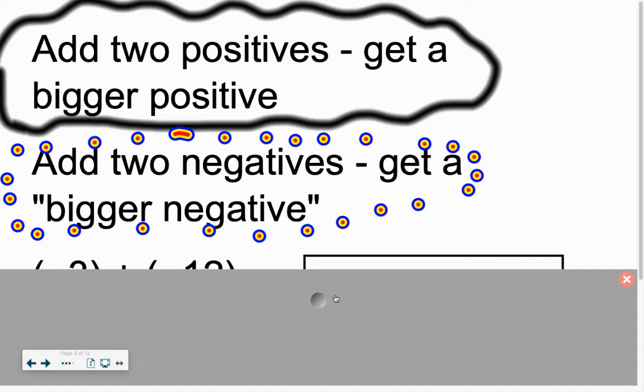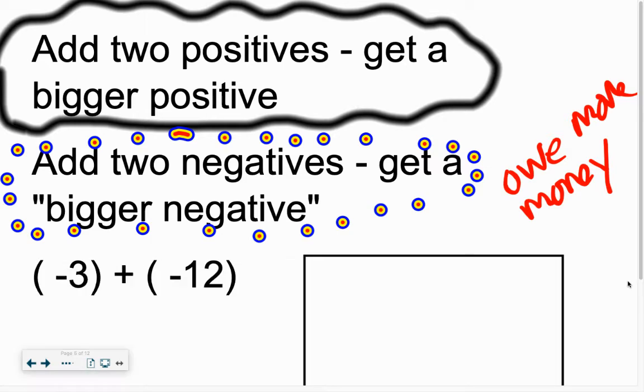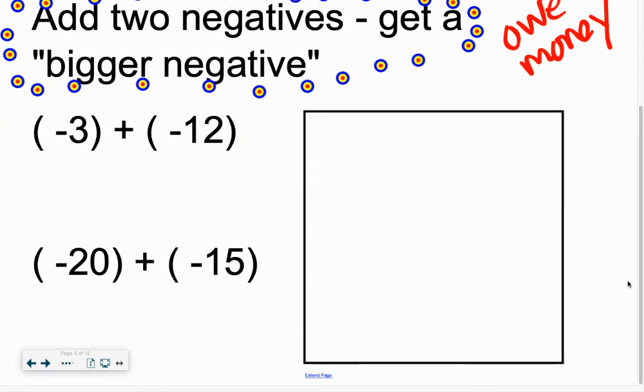Again, that's in quotes. What I talk about today is money. If you add two negatives, that's where you're going to owe more money. Previously, we have done this in a lab with red and yellow chips. We had 3 negatives, so 3 red chips, and 12 red chips.